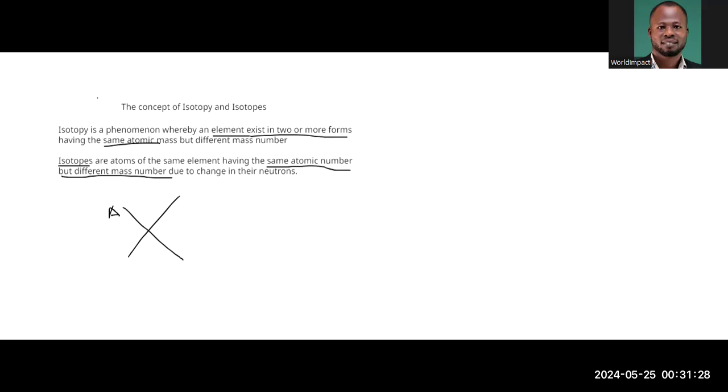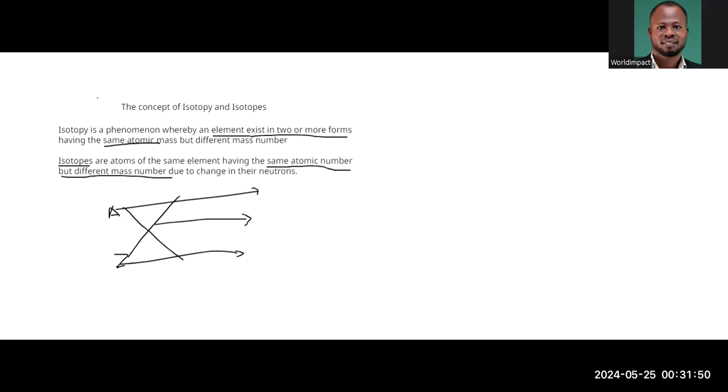Then at the subscript level, we have Z. I'm going to be labeling these so we can understand this better, and we'll look at them one after the other.